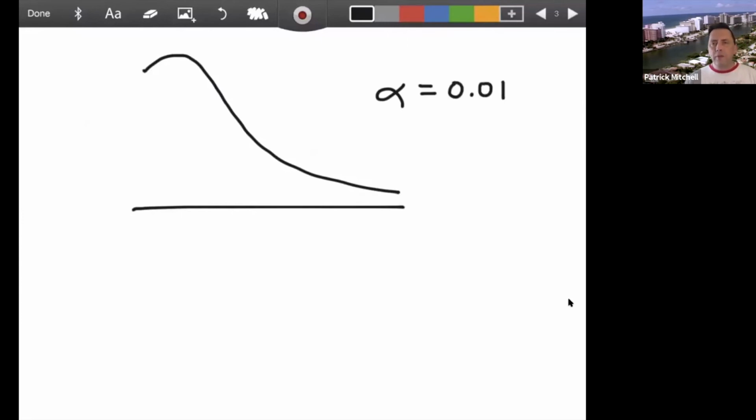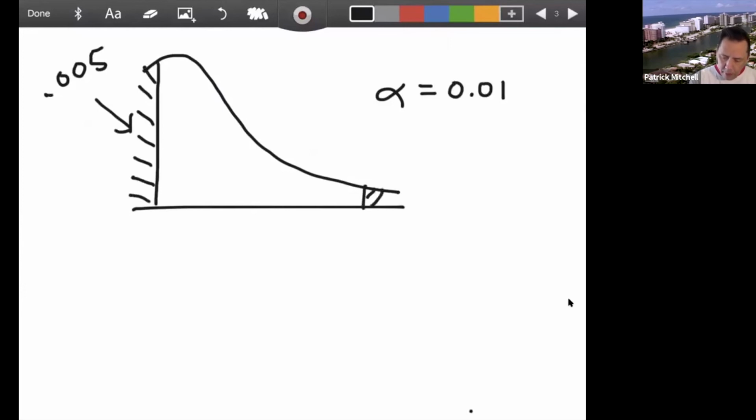Because this is a two-tailed test, we want to find two values of chi-square. One of them is going to cut off the bottom 0.005 area under the chi-square curve, and the other one is going to cut off the top 0.005 area under the chi-square curve.